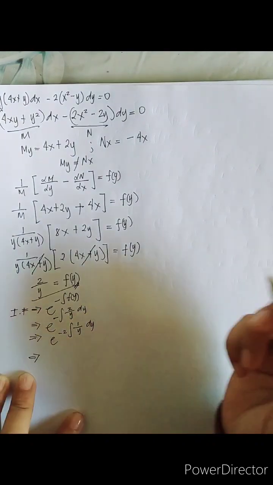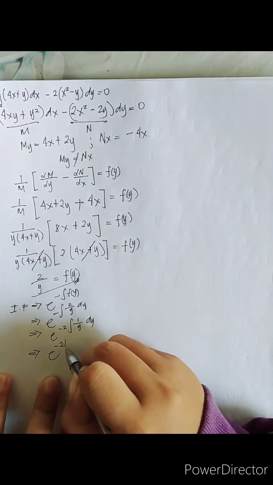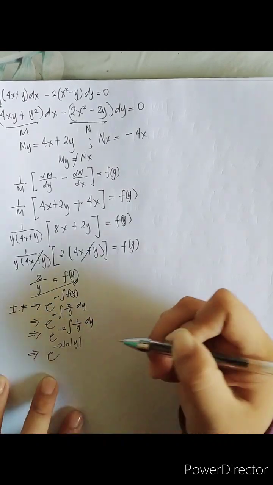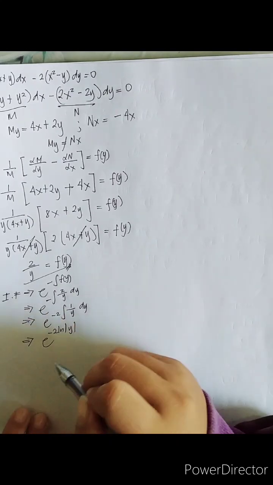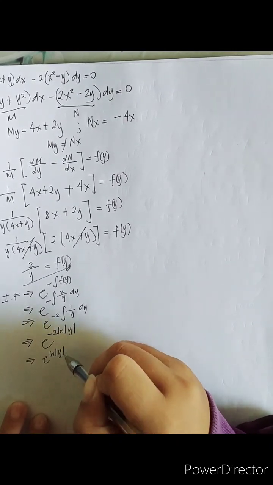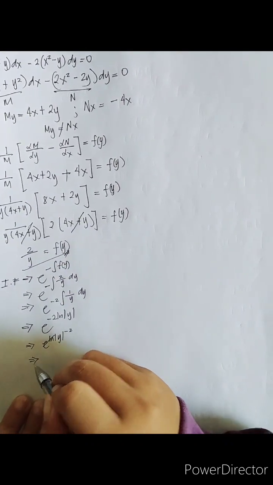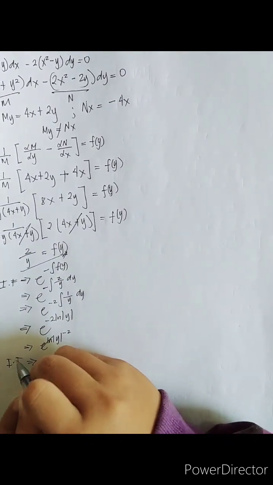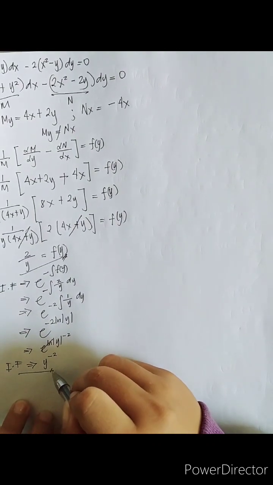So our integrating factor will be e raised to negative 2 ln y. Make negative 2 an exponent, which becomes e raised to ln y raised to negative 2. This will be cancelled. Our integrating factor will be y raised to negative 2.